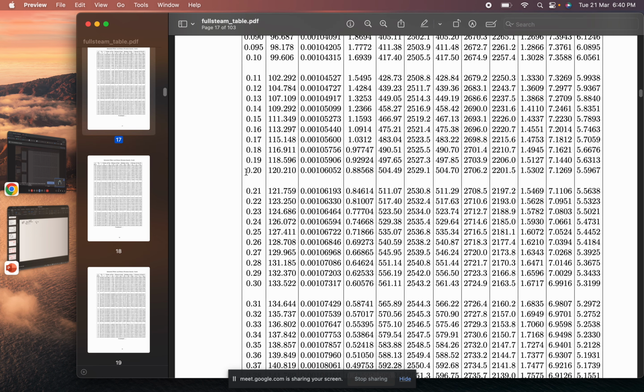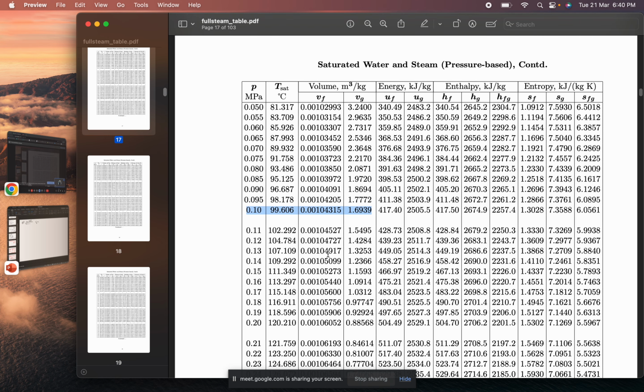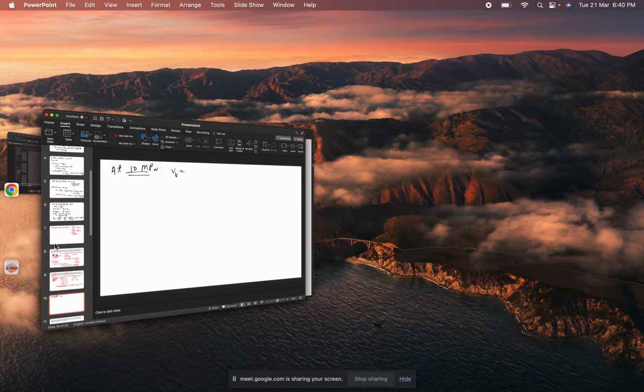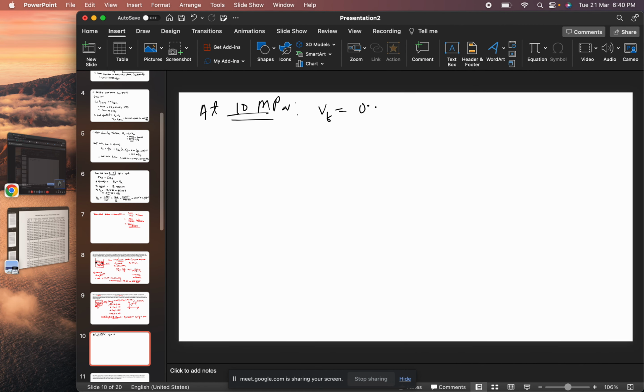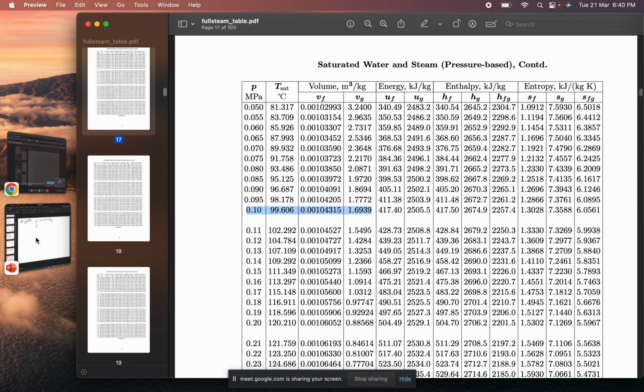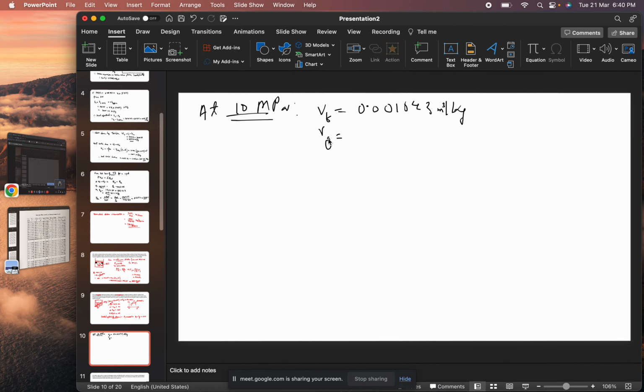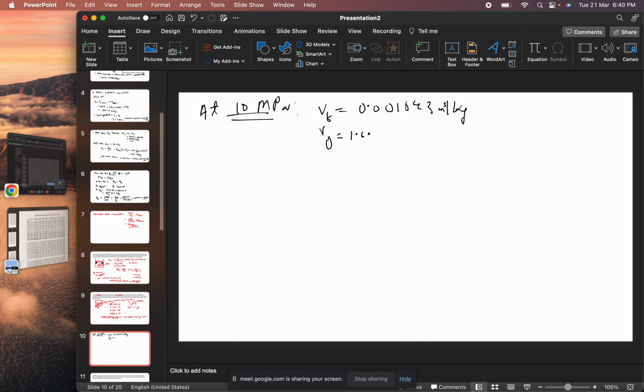At 0.1 megapascal, your Vf is 0.001043 meter cube per kg, and your Vg is 1.6939 meter cube per kg.